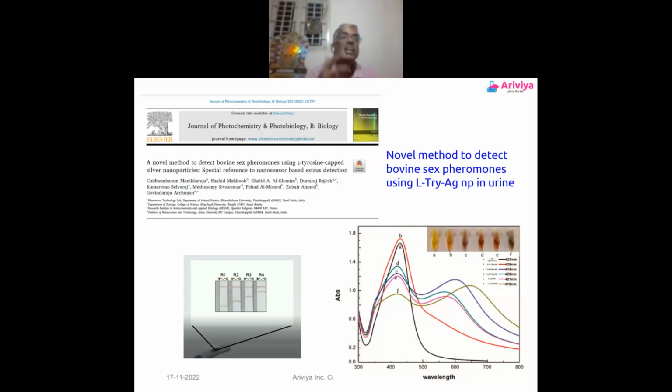From the urine we can identify whether it is in heat, ready for mating or not, instead of bringing blood. So we prepared surface plasmon based silver nanoparticles, and we successfully detected the heat of buffalo.